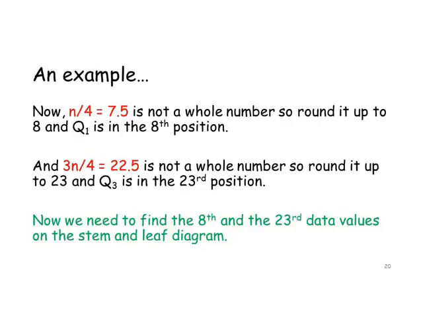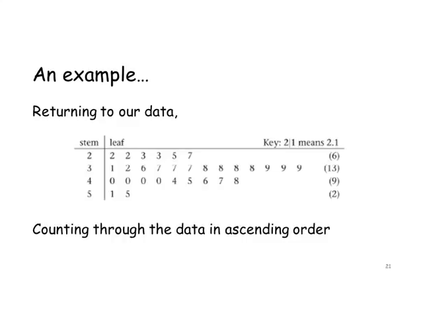So now we just need to find the 8th data value and the 23rd data value in the stem and leaf diagram. So let's go back to our data. All we have to do is count through the data in ascending order. This number here is our lowest number.